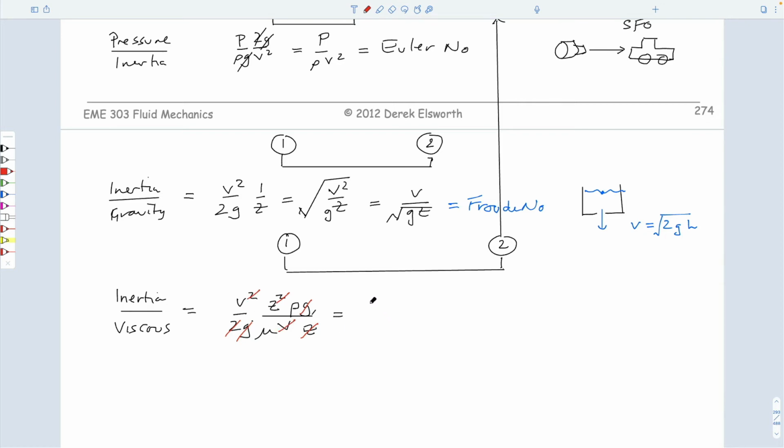So it should be velocity, a length scale, and a density divided by viscosity. Yeah, that's all that's left. And this equals Reynolds number. I guess it's Osborne Reynolds' name.